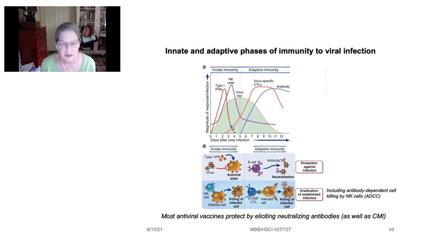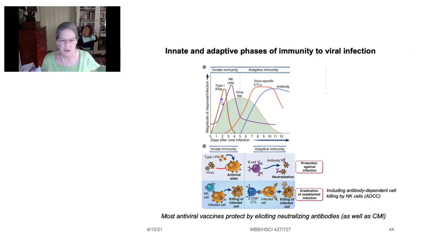Type 1 interferons are made by different kinds of innate immune cells and a lot of different kinds of cells, including epithelial cells. And it's like an alarm.